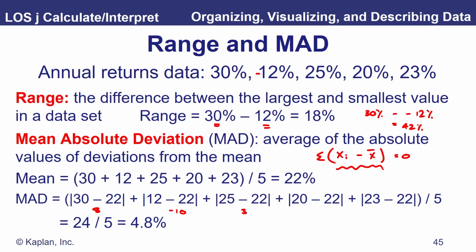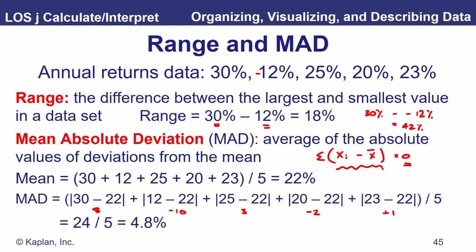And 23 minus 22 gives us plus 1. Okay, so notice 8 minus 10, that's minus 2, plus 3 equals 1, minus 2 is minus 1, plus 1 equals 0, just as we said.